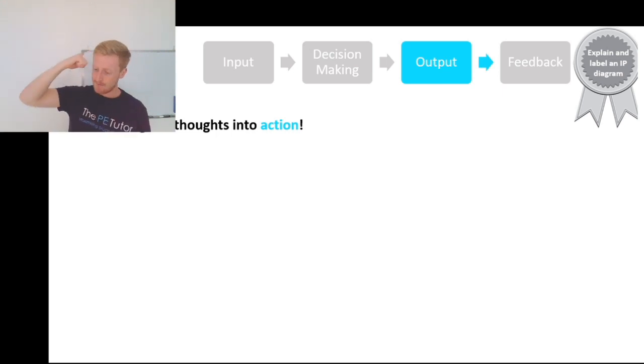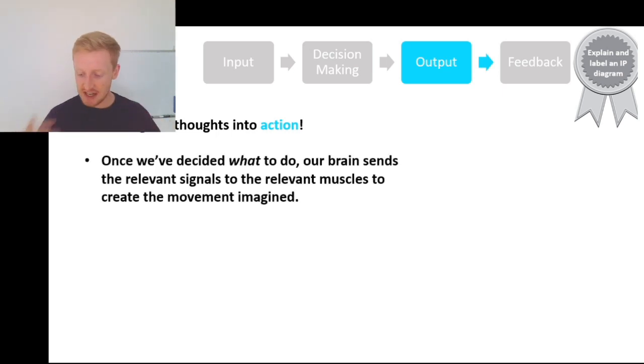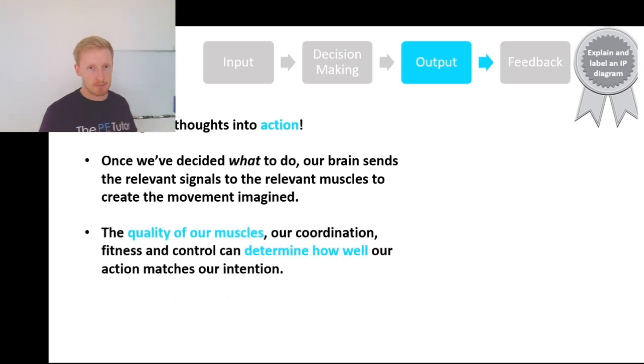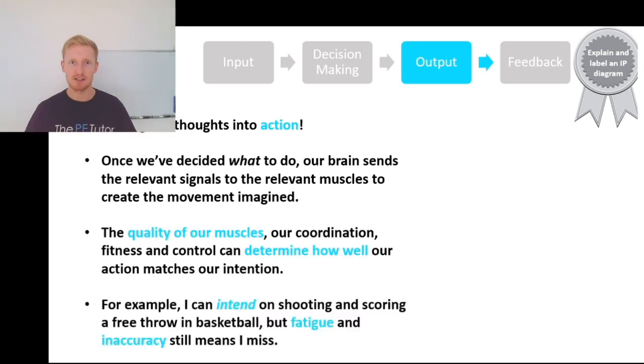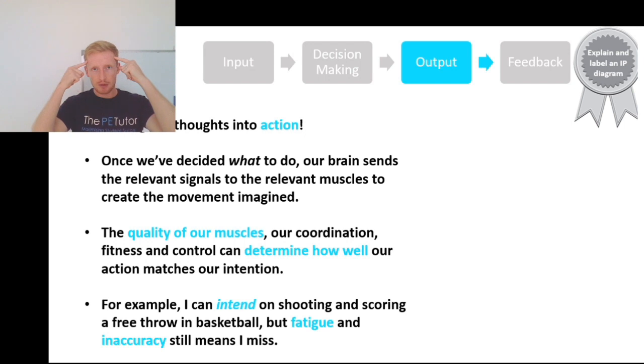So our brain fires off all of the signals required to the relevant muscles at the relevant timings and magnitudes. And we start to create this movement response with the appropriate coordination, accuracy, speed, strength, power. Think about all of these components of fitness. Our brain needs to manipulate our limbs and muscles to try and produce the action that we've just thought up.